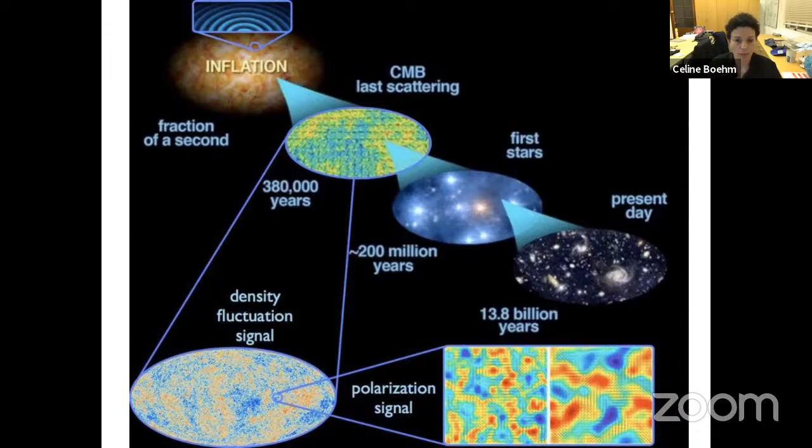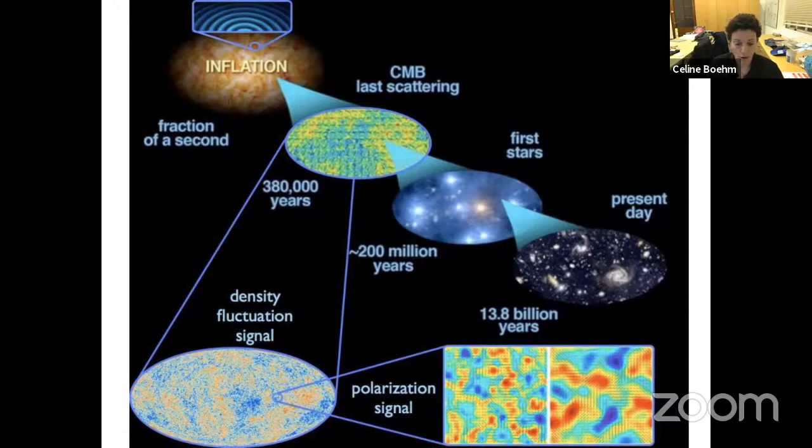So BBN is well before the last scattering. Even though we don't see light coming from it, the fact that we are able to measure the quantity of baryons from BBN is critical, and absolutely amazing, because we don't see anything. We just see the results, but we can still infer what happened at a stage where light is not coming to us.